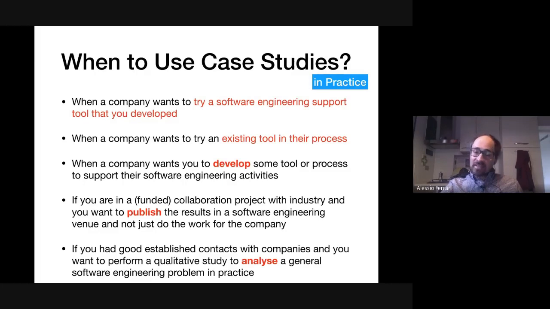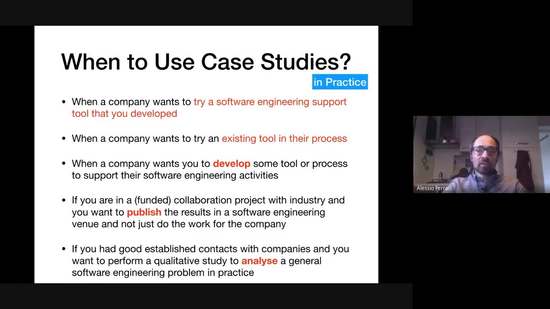And this last point is more rare, but it's the case that we consider with qualitative case studies. It happens when you already have good contacts with the companies, where you have established a contact because previously you developed some tools, or you already had a project together that was funded by some entity.